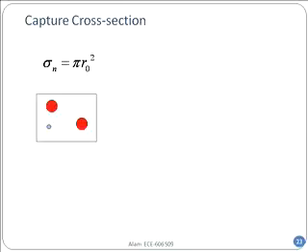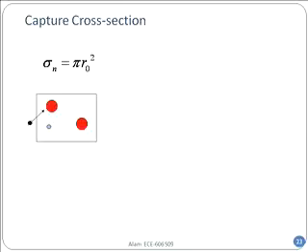Okay, so if I put r naught on the order of 5 to 10 angstrom, then you can immediately realize that this value is going to be on the order of 10 to the power minus 14 centimeters squared. Do you see that? 10 angstrom, 10 to the power minus 7 centimeter, r squared, 10 to the power minus 14 centimeters squared, right?